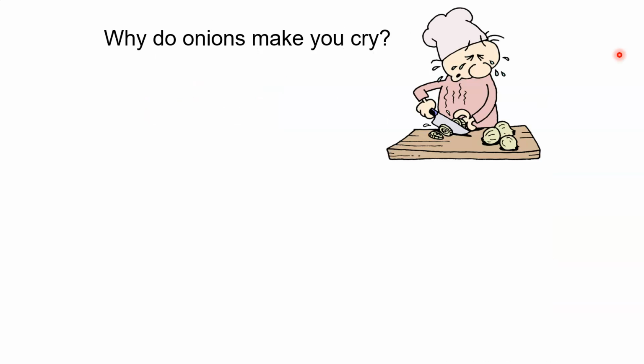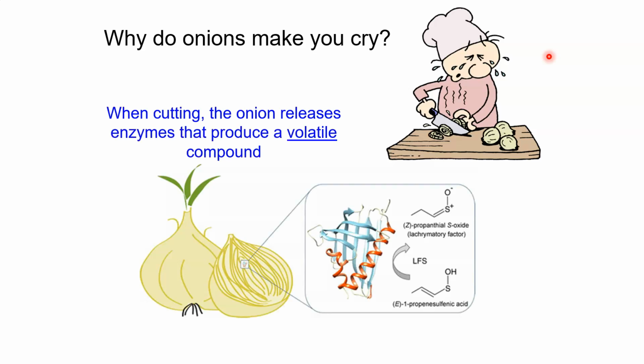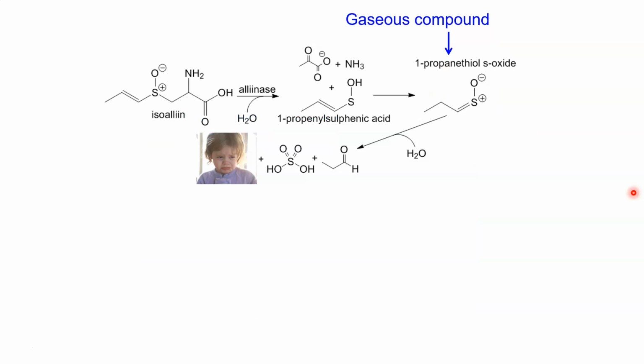Another fun fact about acid-base chemistry is that it is the reason that onions are irritating to your eyes and make you cry when you cut them. Onions have an enzyme that, once it's released, produces this volatile compound. Volatile compounds go very, very rapidly from liquid to gas at room temperature. Here's the reaction.